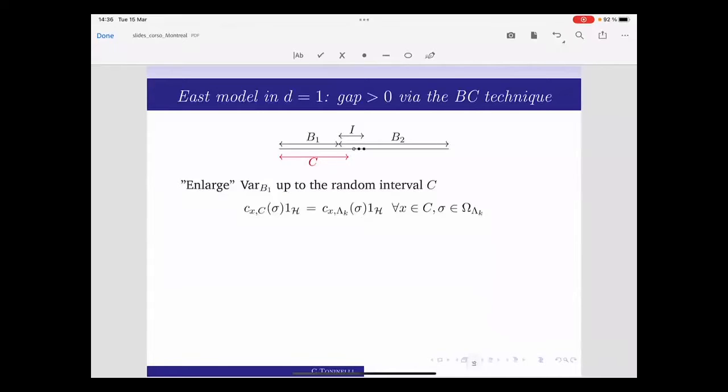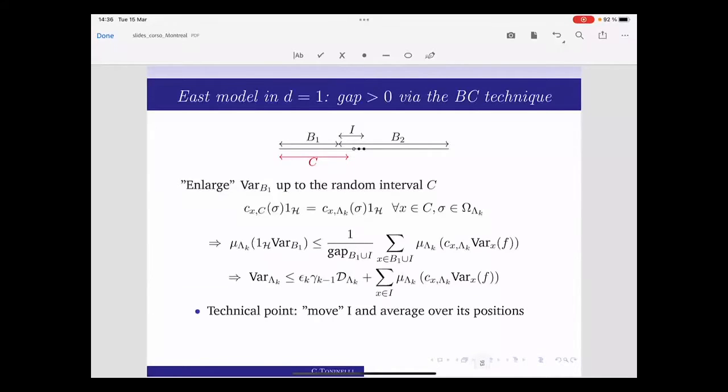And thanks to this fact, now I can, this is just some formulas, but now I can really upper bound the variance on the first block by enlarging it using the convexity of the variance.